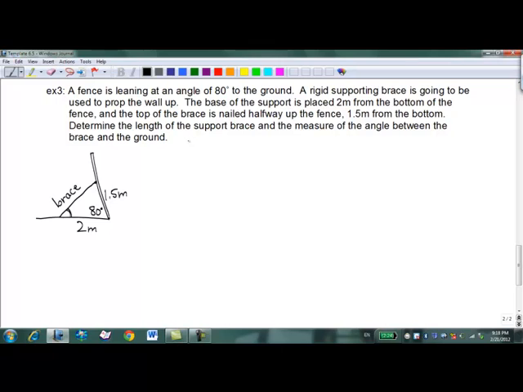So let's go with the cosine law. Let's call it B for brace. The brace length squared is going to be 2 squared plus 1.5 squared minus 2 times 2 times 1.5, and we have a nice cos of 80 degrees in there. Why don't you see if you can solve that one on your own? B squared then is 4 plus 2.25 minus 6 cos 80.